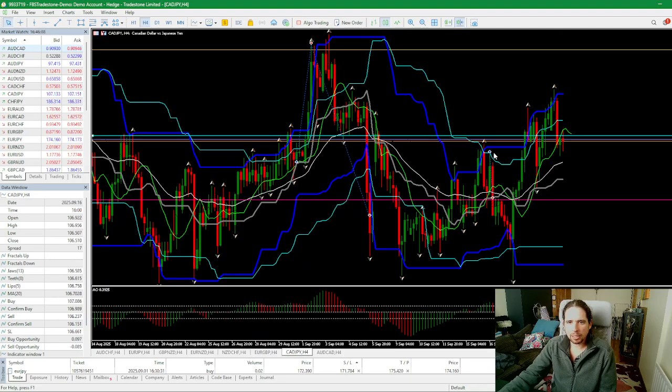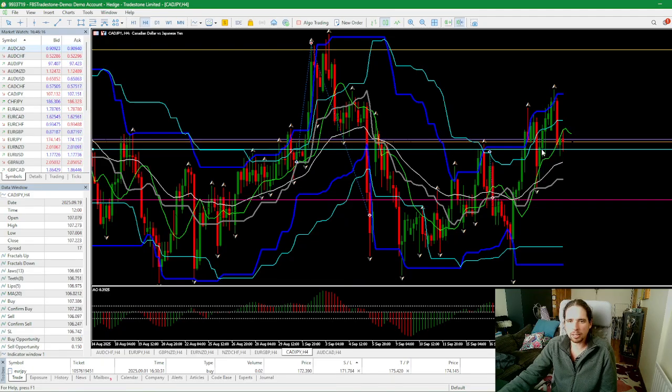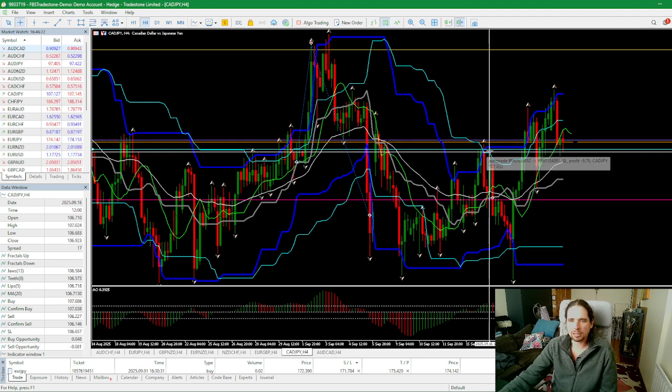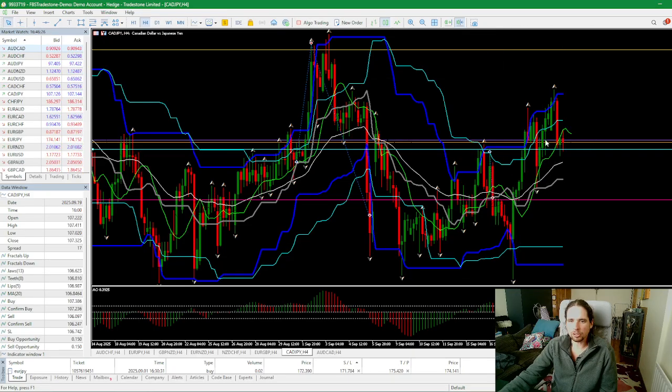Then this one here is an interesting one. I think what I did was I put my entry point at that point there. As soon as it hit it, it went straight down, and then it went straight up again.